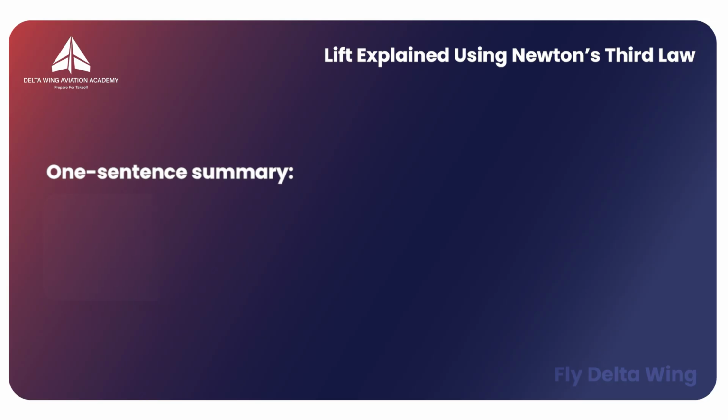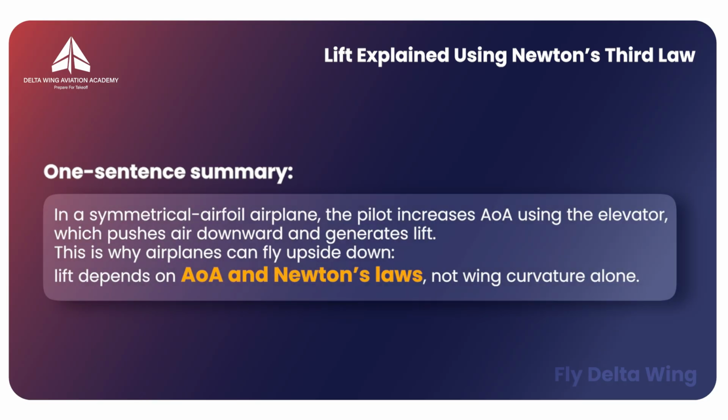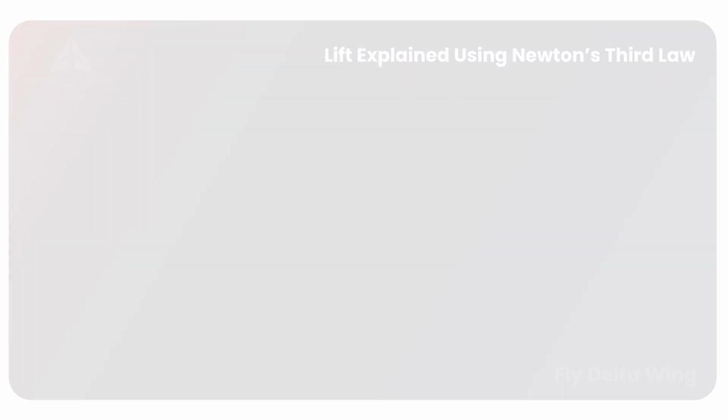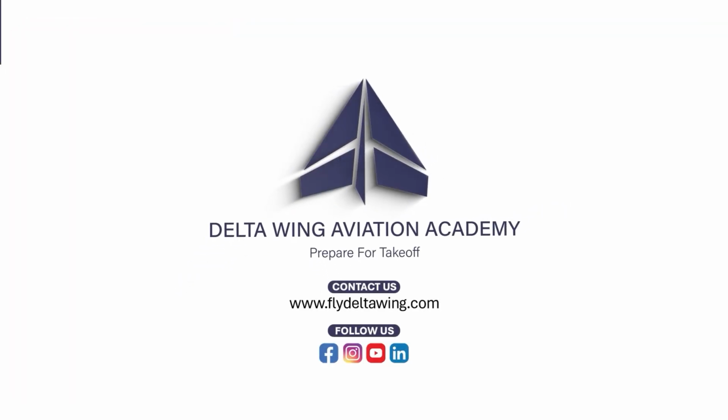One sentence summary: in a symmetrical airfoil airplane, the pilot increases angle of attack using the elevator, which pushes air downward and generates lift. This is why airplanes can fly upside down. Lift depends on angle of attack and Newton's laws, not wing curvature alone.